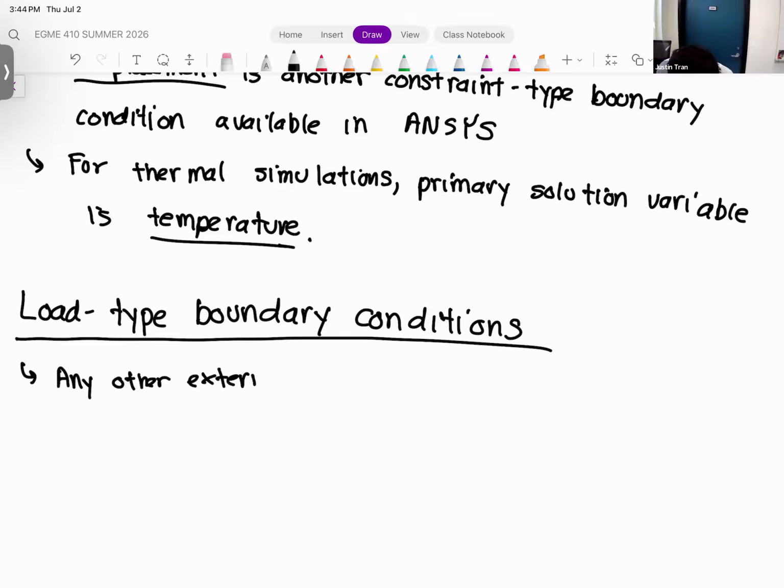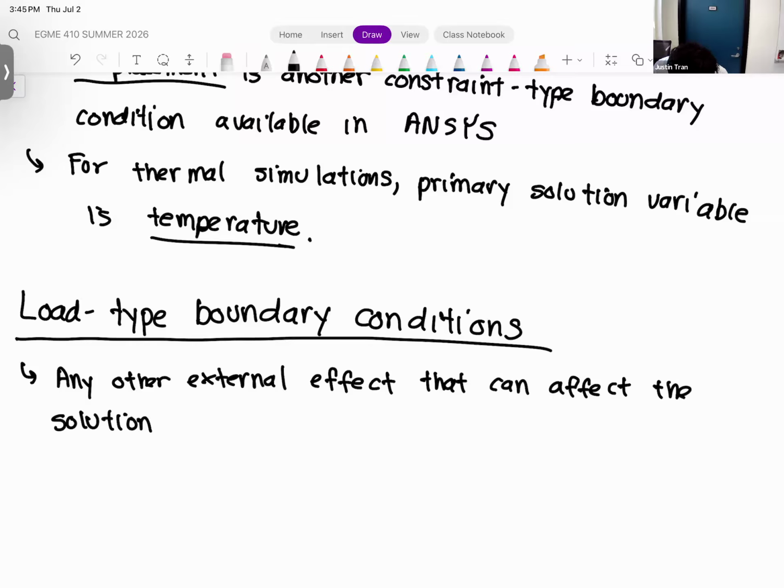So basically, any other external effect that can influence your solution variable, I count that as a load type. So any external effect that can affect the solution variable without directly specifying it.